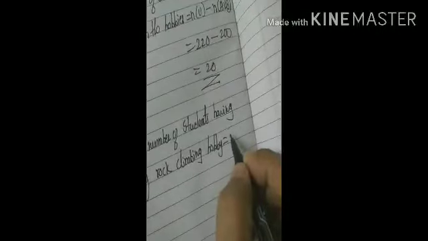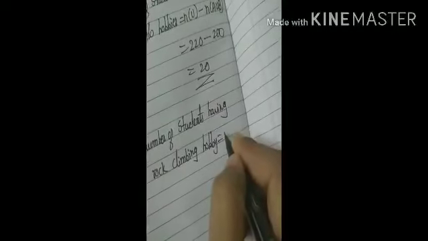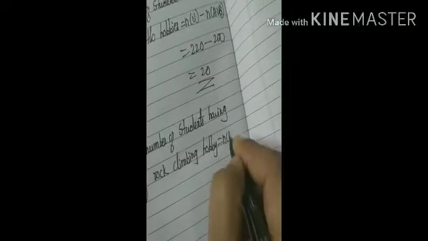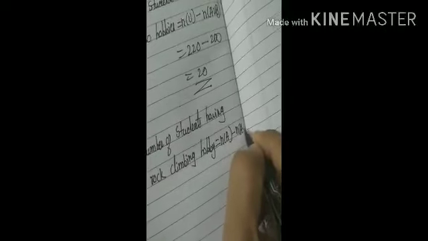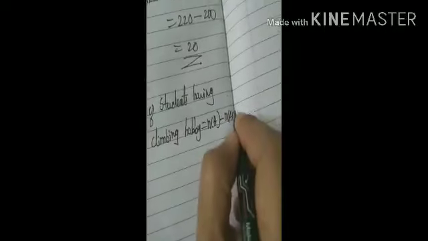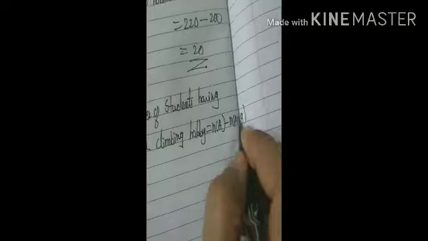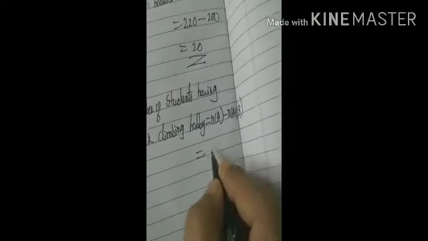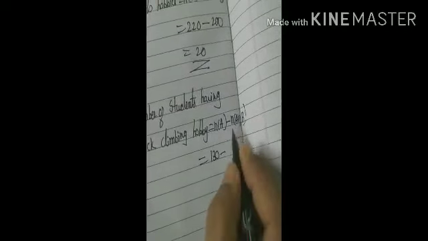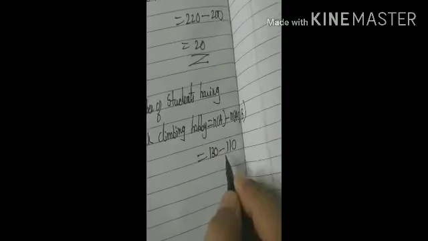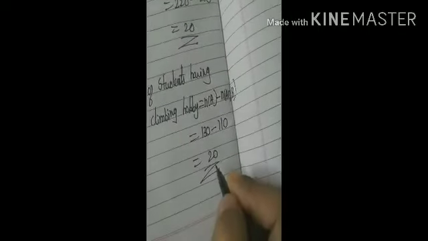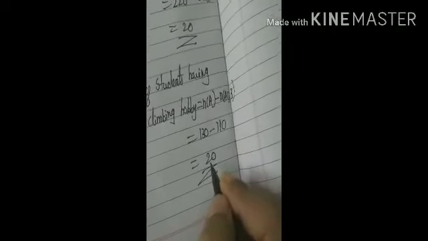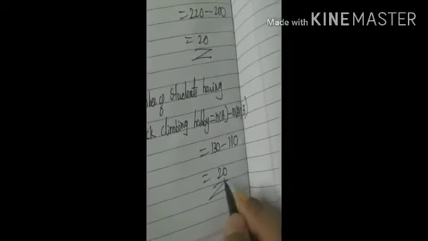So first write down n(A) − n(A ∩ B). So n(A) is given 130, intersection is given 110, you get 20. 20 students who have only hobby of rock climbing.